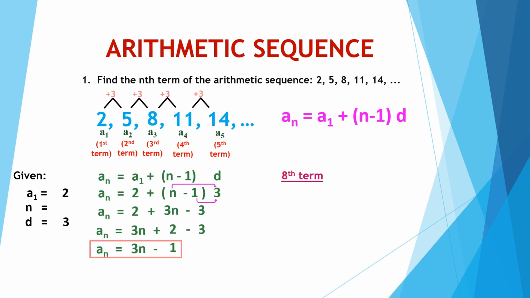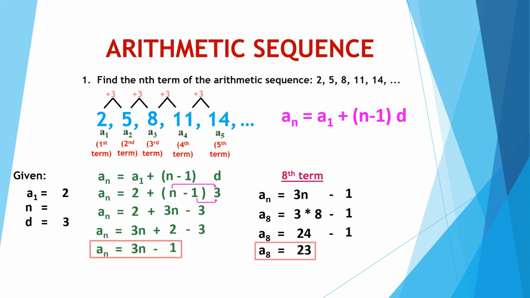Let's copy the formula. a sub n is equal to 3n minus 1. Let's now plug in the value of n. So a sub 8 is equal to 3 times 8 minus 1. a sub 8 is equal to 24 minus 1. a sub 8 is equal to 23.